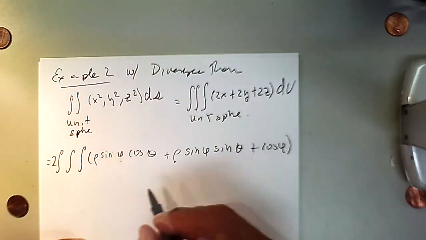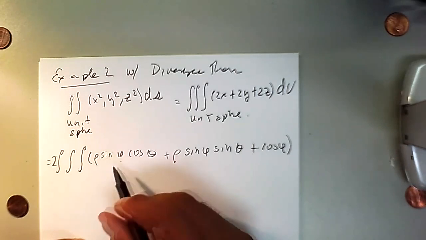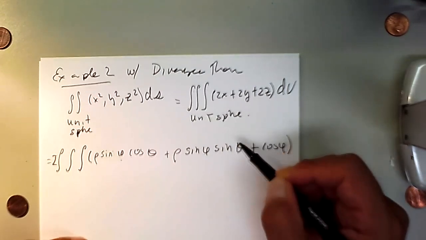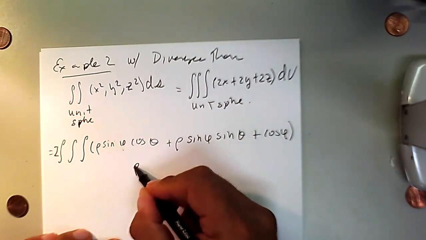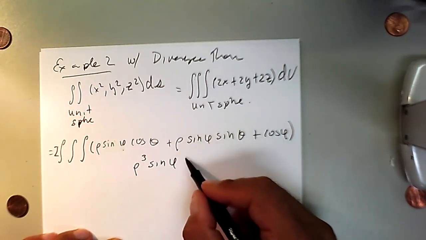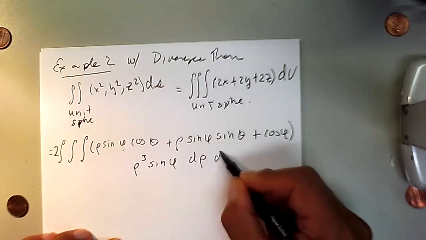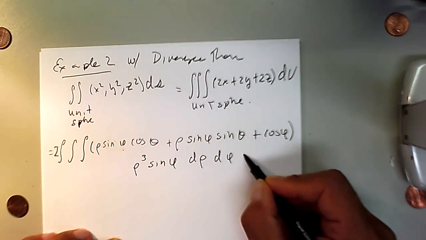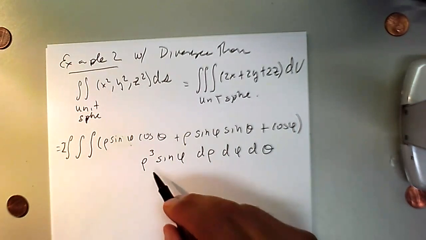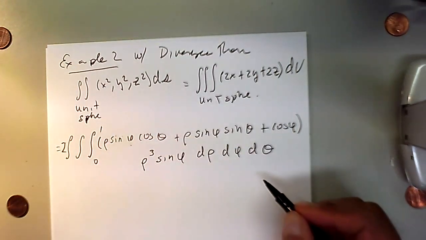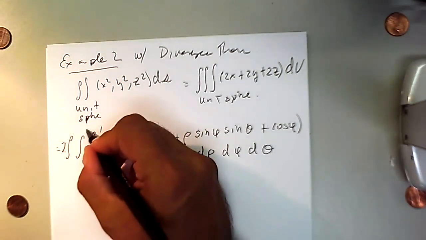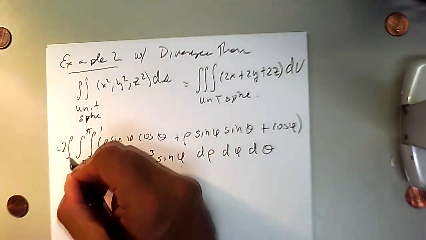But then we have to multiply by the Jacobian, since we are changing from Cartesian coordinates to spherical coordinates, and the Jacobian will be rho squared sine phi with respect to rho, respect to phi, respect to theta. So this is one long integral. Rho goes from 0 to 1 because we are doing spherical coordinates. Phi is going from 0 to pi, and theta 0 to 2 pi.